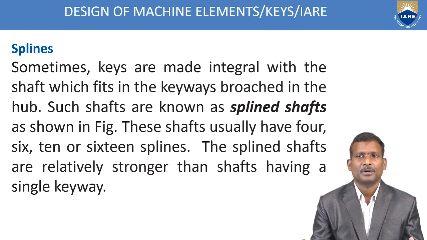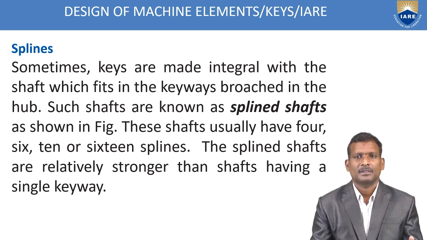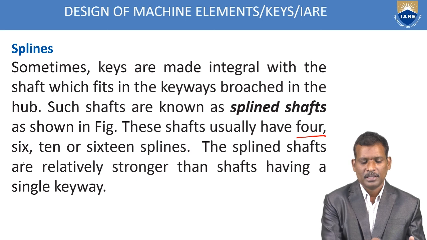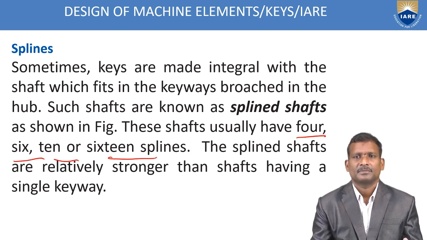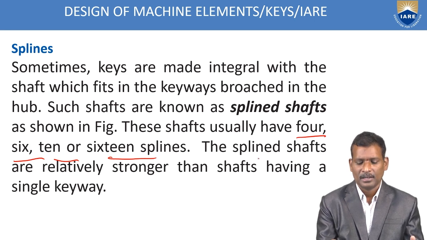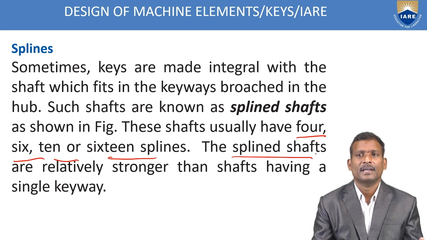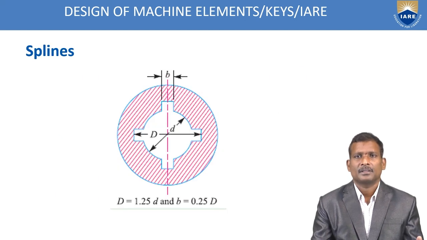Generally this type of shaft has 4, 6, 10 or 16 splines. Spline shafts are relatively stronger than shafts having a single keyway. See, in this figure the spline shaft is shown.